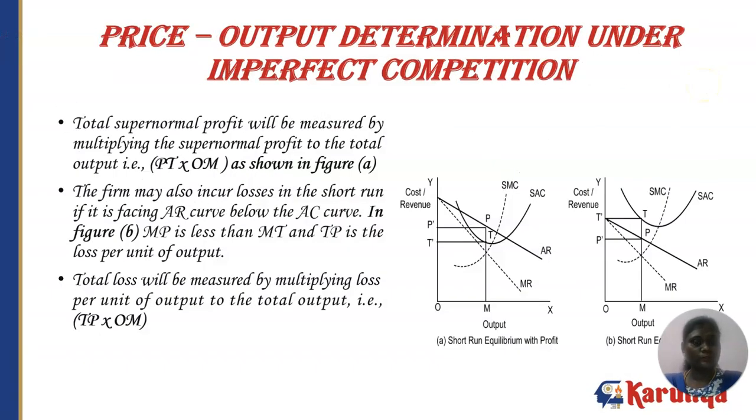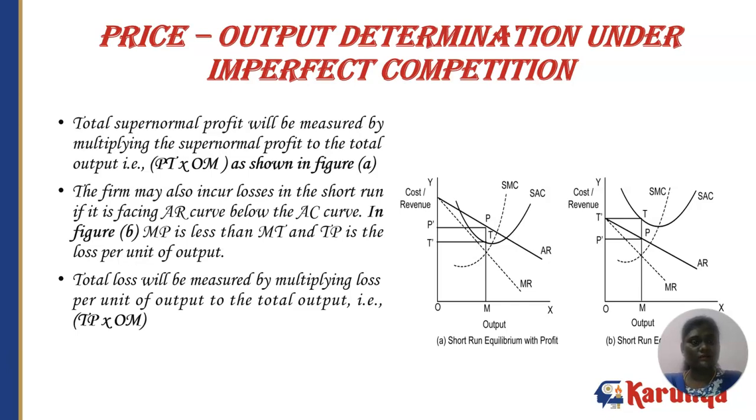So the total supernormal profit will be measured by multiplying the supernormal profit per unit by the total output, that is PT into OM, as shown in figure A. The firm may also incur losses in the short run if it is facing an AR curve below the AC curve, as seen in figure B. So MP is less than MT, and TP is the loss per unit of output.